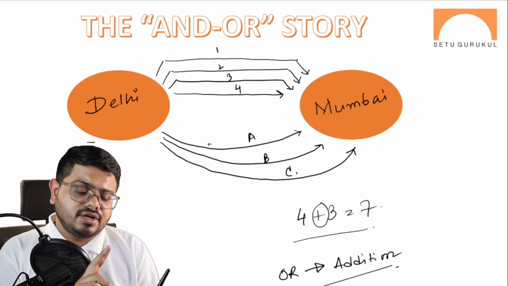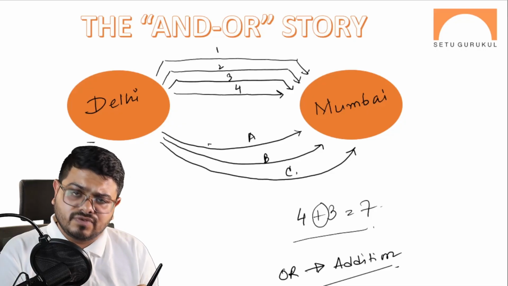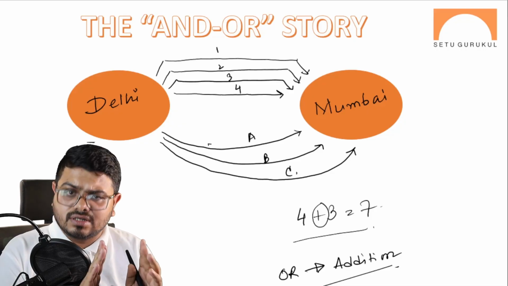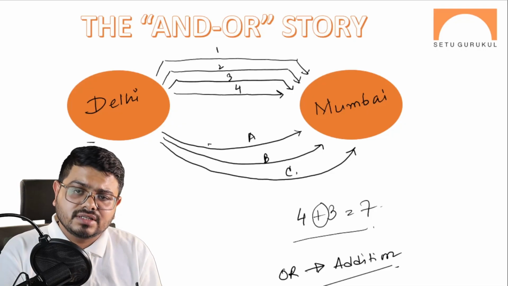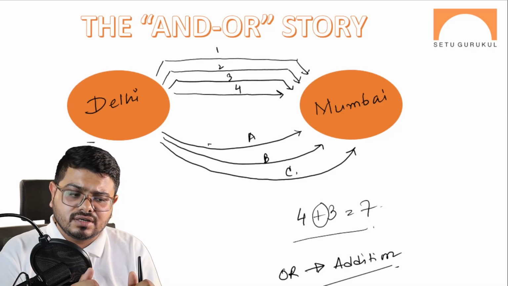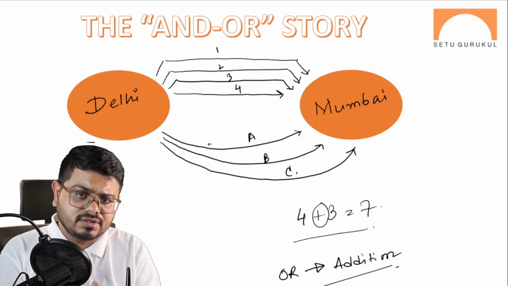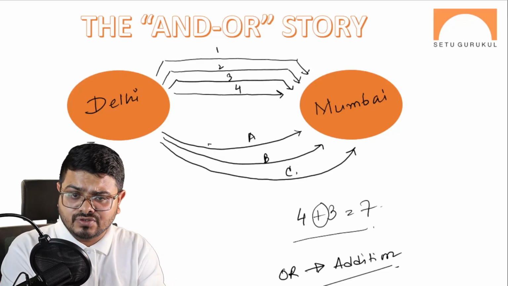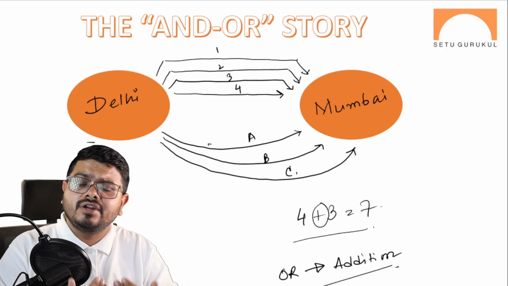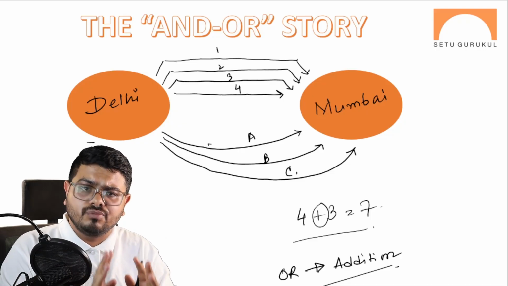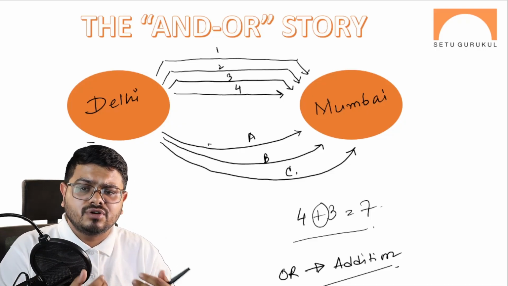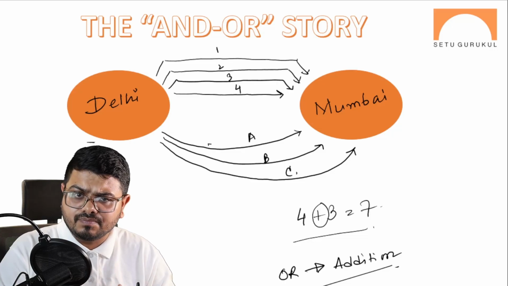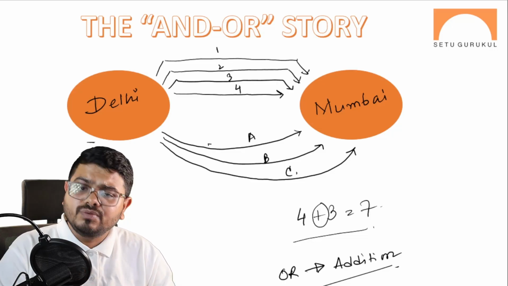The or scenario has conflicting time and conflicting space, results in an addition. This basic arithmetic operations and relating it to the kind of scenarios they emerge from forms the very basic of combinatorics, of permutation combination or counting principle. I hope that's clear for us.